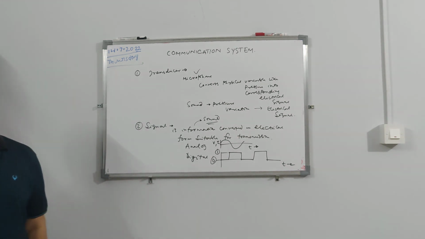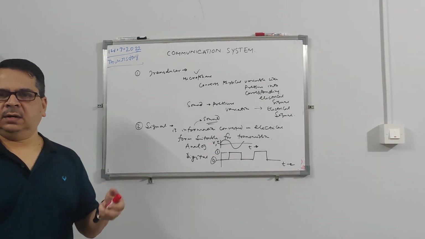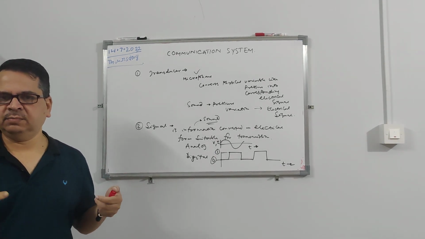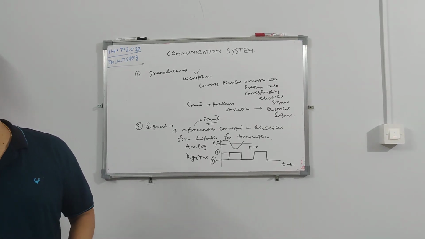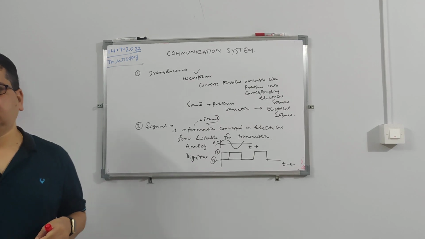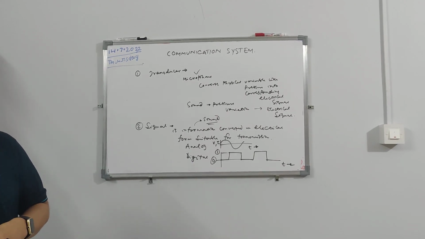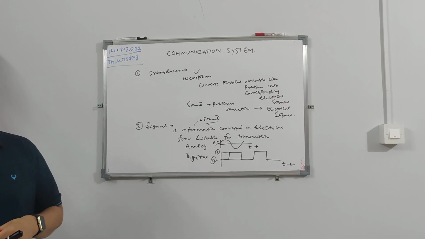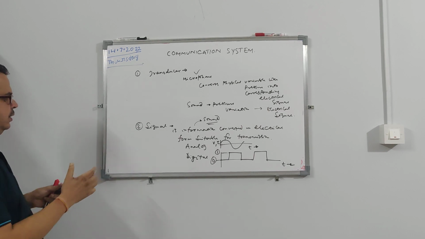We should try to avoid it. We should try to isolate our system from this noise. So noise refers to an unwanted signal that tends to disturb the transmission. So in processing of the message signal in a communication system, we should filter out all that noise.